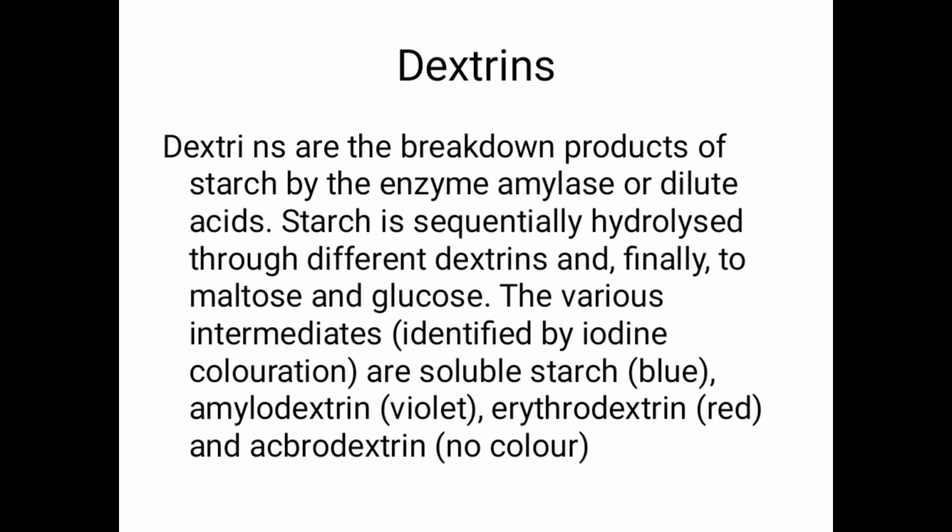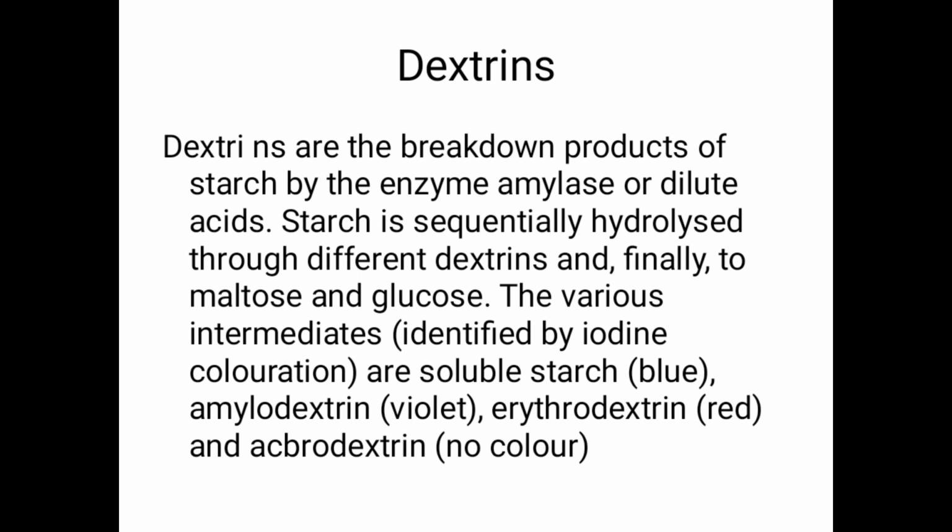So what is dextrin? Dextrins are the breakdown products of starch by the enzyme amylase or dilute acid. Starch is sequentially hydrolyzed through different dextrins and finally to maltose and glucose.